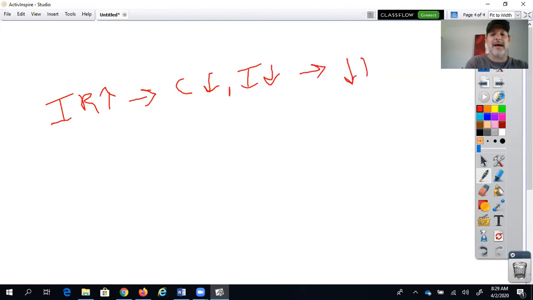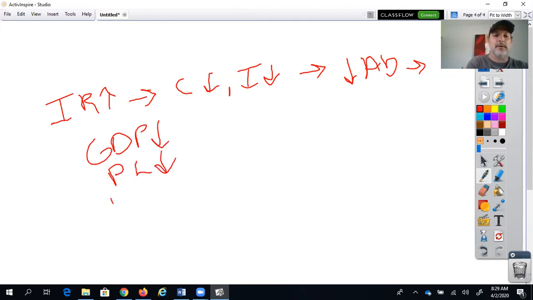This will decrease aggregate demand. And if it decreases aggregate demand, GDP will go down, price level will go down, unemployment will go up. But the goal of this, the reason we did this, would be to target this, because chances are they're doing this because of inflation.